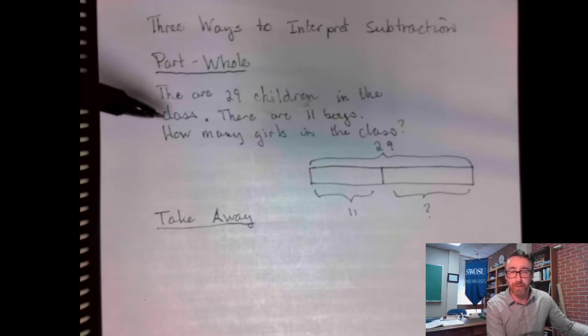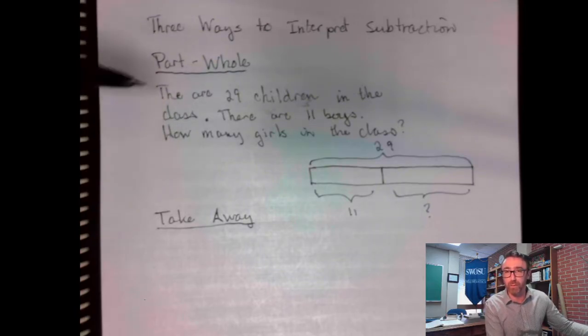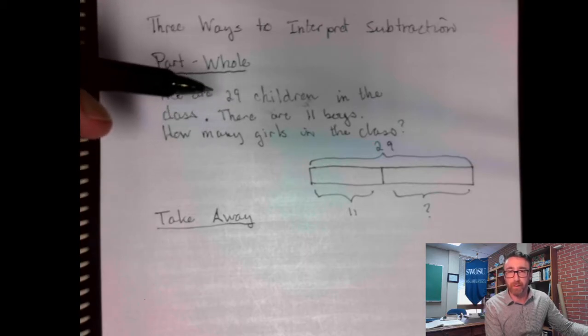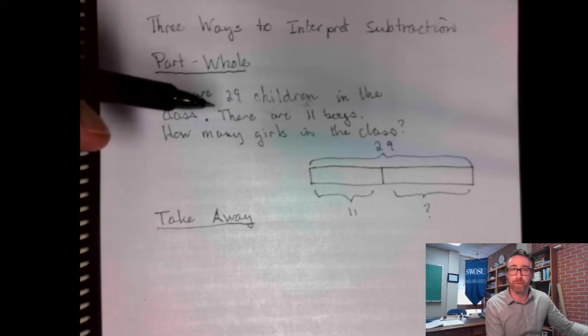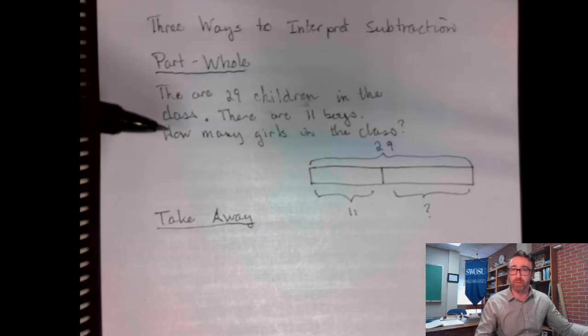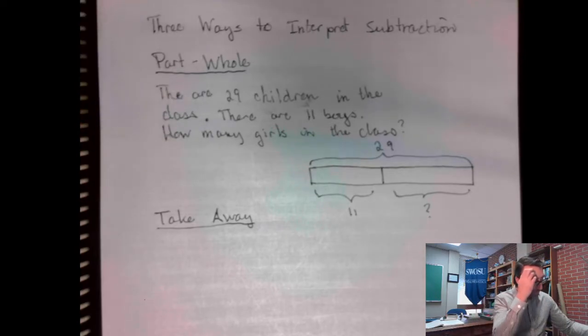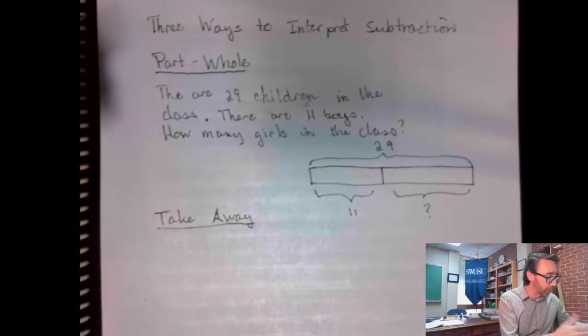Of course, we could illustrate this with the set model as well. We draw a big set with 29 little X's in it, and then we mark off 11 of them and count up how many would be in the other portion.